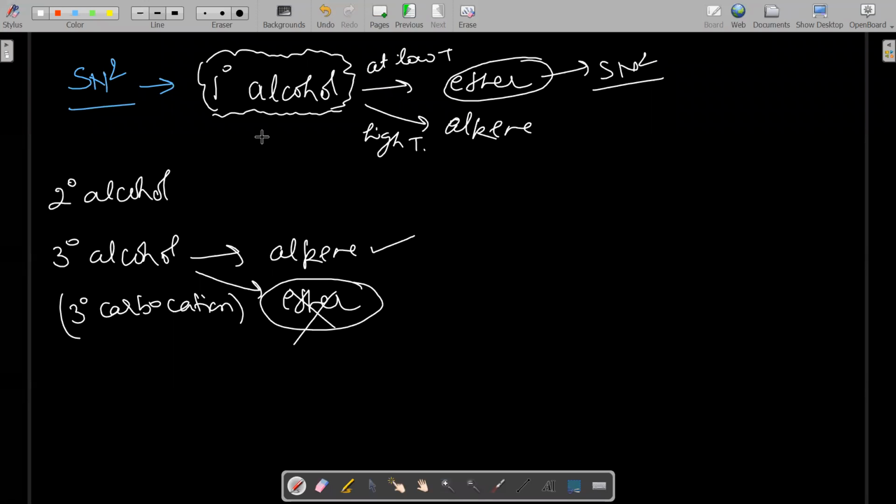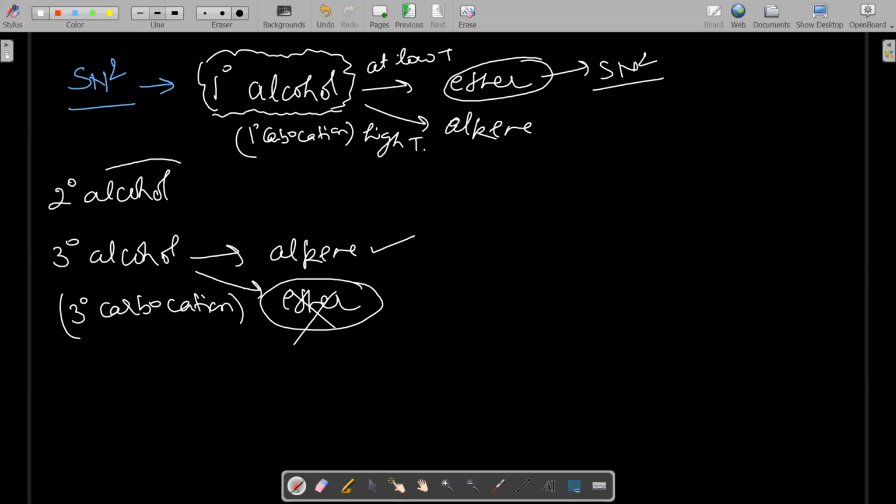While for primary alcohol, suppose it forms a primary carbocation, this primary carbocation may form alkene or may form ether also. Alkene is only possible at high temperature, otherwise at low temperature it converts into ether only.